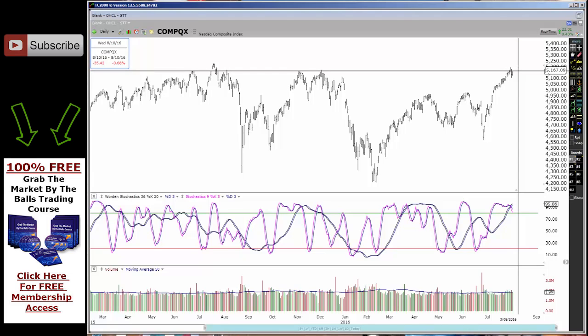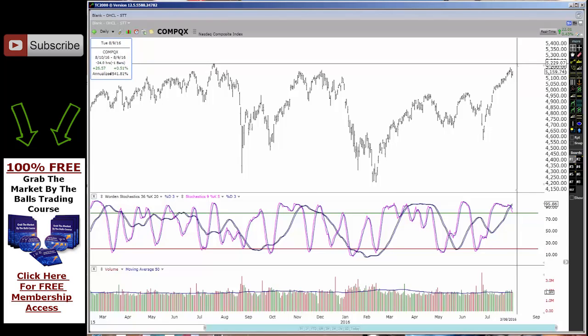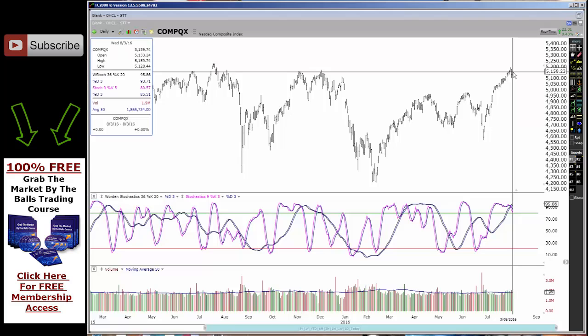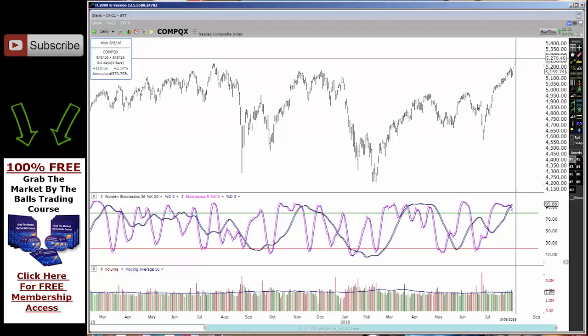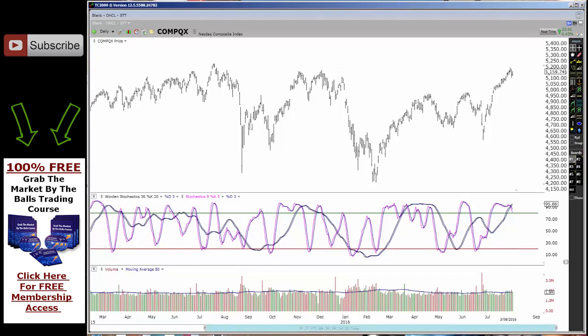Again, guys, I wouldn't be too surprised to see the Nasdaq have one more little rally and just break above. All we need from where we are right now is a nice 2% move to the high side, and we're going to break all-time new highs on the Nasdaq. So that's what I see there on the Nasdaq.